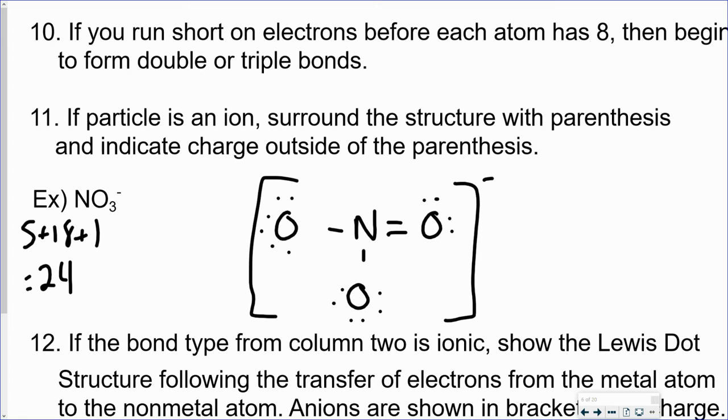Now, you may go, Mr. Day, what if I would have chosen to make that double bond with the oxygen beneath the N? Would it still be correct? Yeah, it would. With this Lewis dot structure, sometimes there are multiple possibilities to have a double bond in other spots. So you could have had a drawing like this.